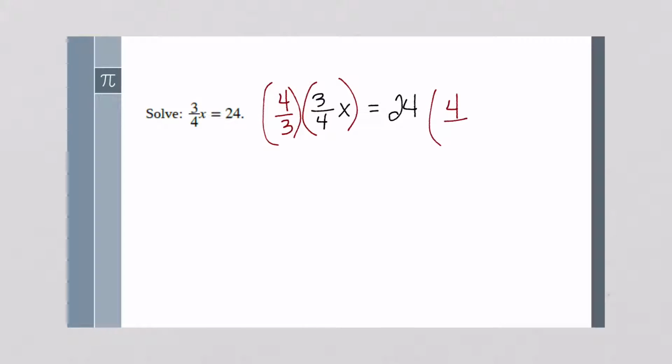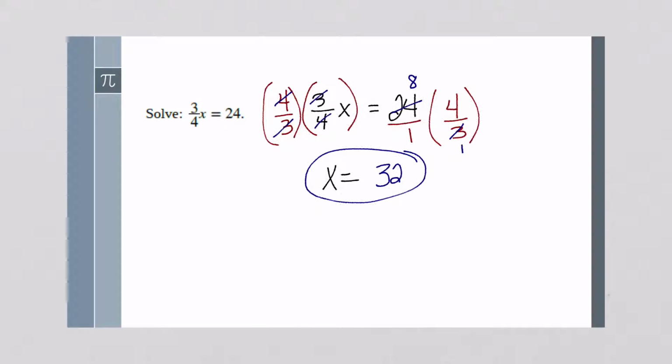So multiply by 4/3. Remember that 24 is the same thing as 24/1. So on the left side, those 4's cancel each other, the 3's cancel each other, you're left with just plain old x on the left. On the right, the 3 will go into 3 once, the 3 will go into 24 8 times. 8 times 4 is 32.